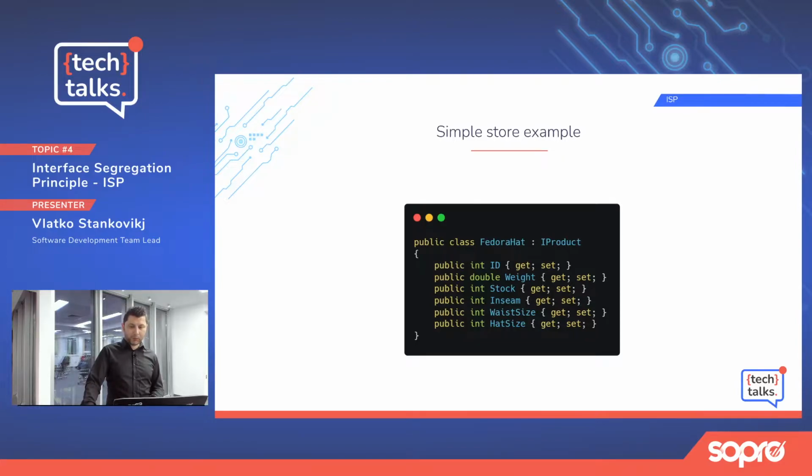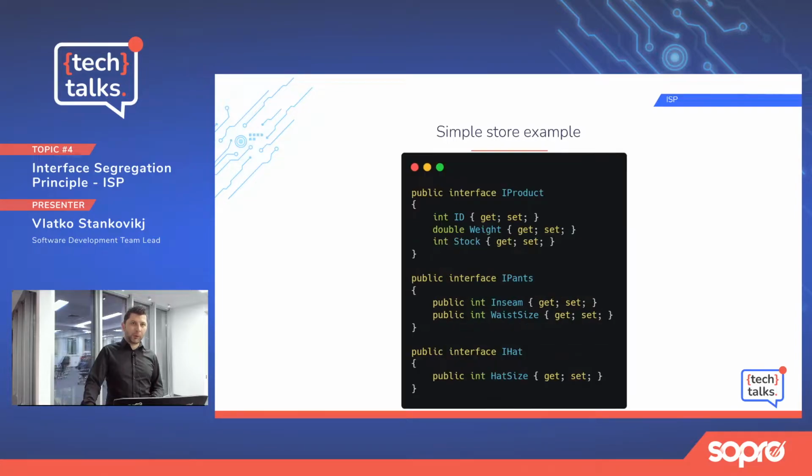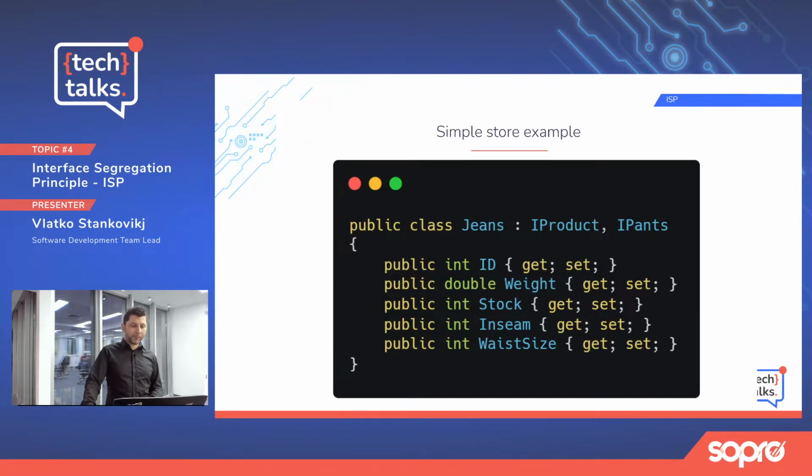The solution, or how to refactor, is basically splitting up the product interface into something smaller, like one product interface that has an ID, weight and stock, and an additional interface that's the implementation for pants that has waist size and inseam, and a separate interface just to define the head size. So how will our solution look after this?